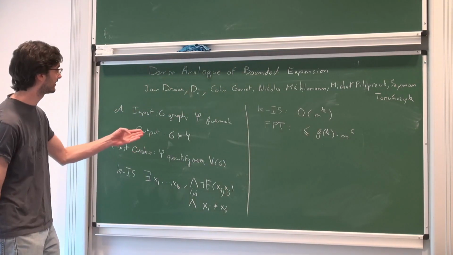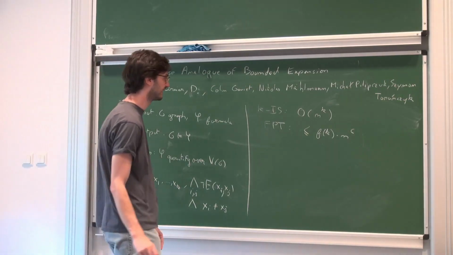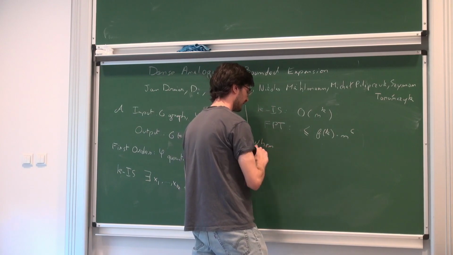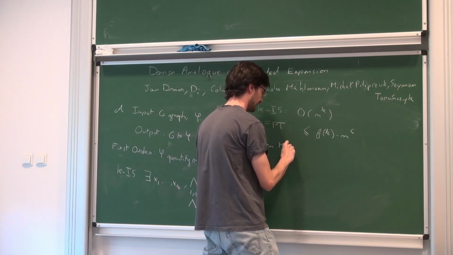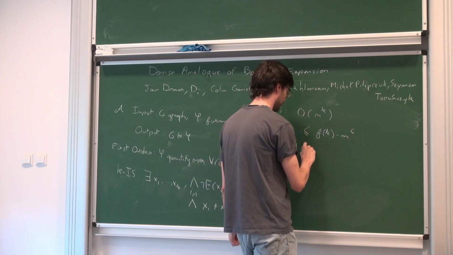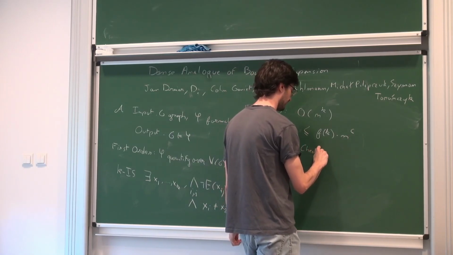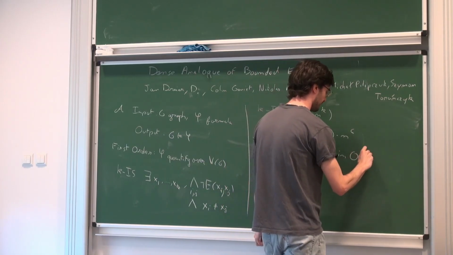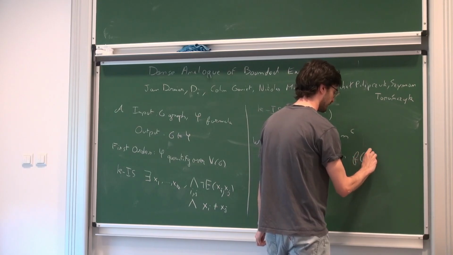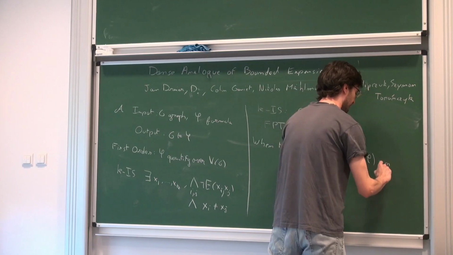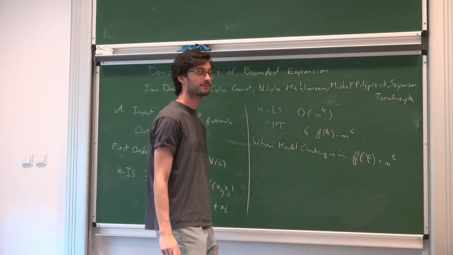We can ask this question for model checking in general: when is model checking solvable in FPT time? That is, in some function of the formula that is the input, times the number of vertices to some constant.